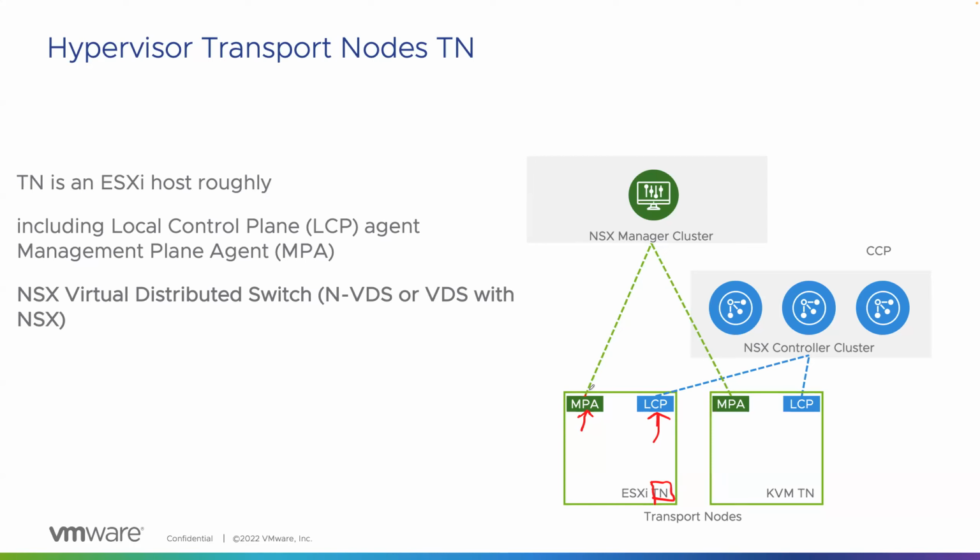MPA is an agent used to talk with the manager. So this is one channel of communication, and LCP, the local control plane, is used to talk with the controller, or CCP.